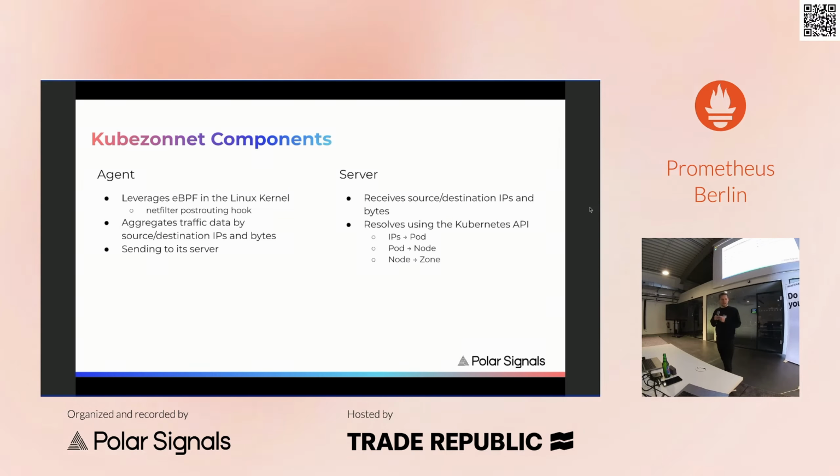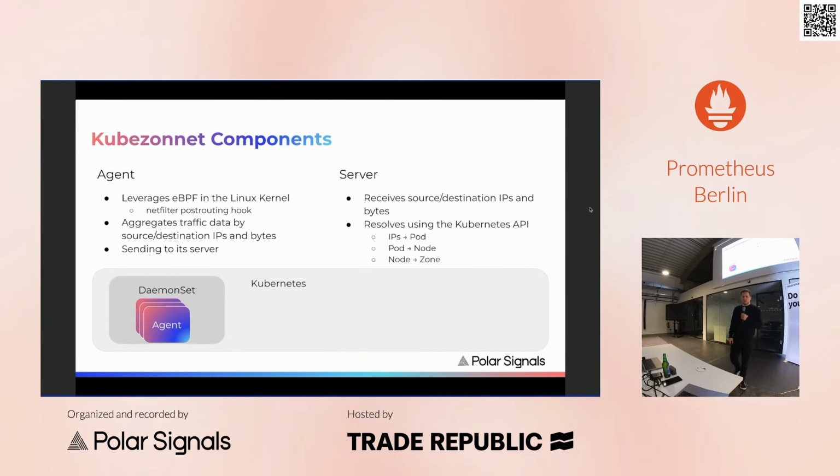So how does Kubezonnet compose? We have an agent and a server component. The agent runs on all nodes. On Kubernetes, we deploy a daemon set, and on every node we run this agent.